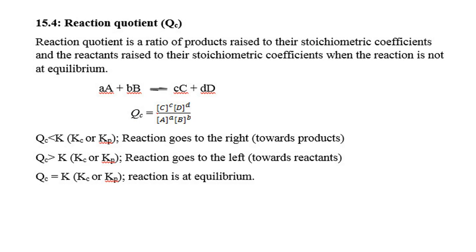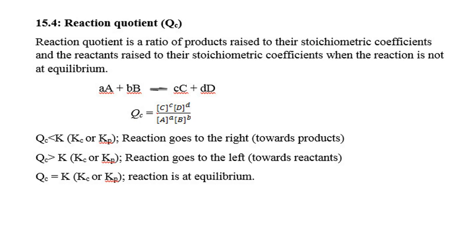So reaction quotient is like Kp or Kc, but the reaction is not yet at equilibrium. As the reaction is approaching equilibrium, it has Qc or Qp. When the reaction reaches equilibrium, then it has Kp or Kc.